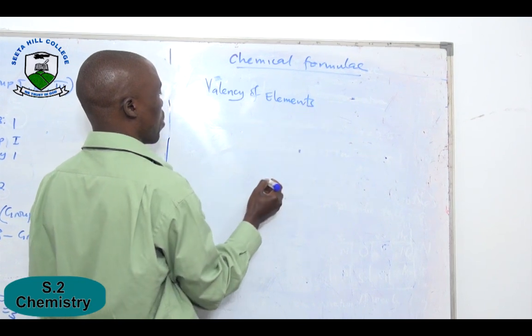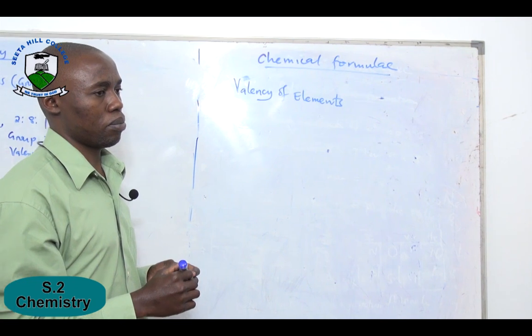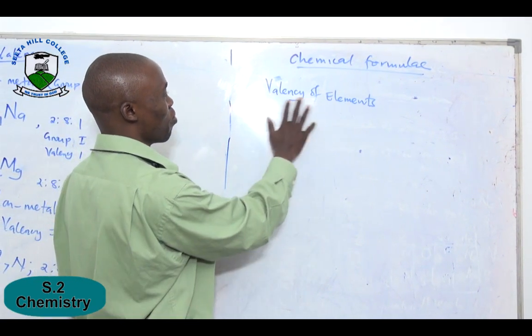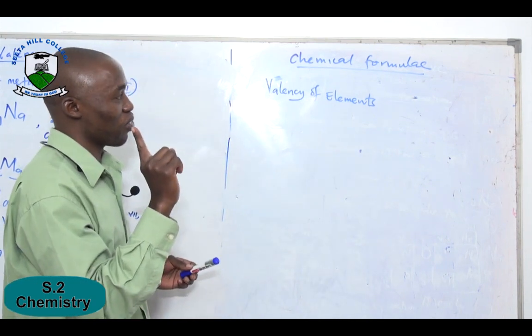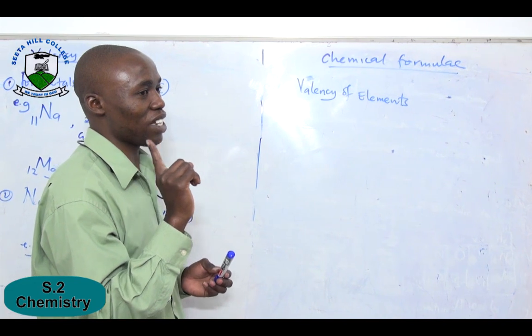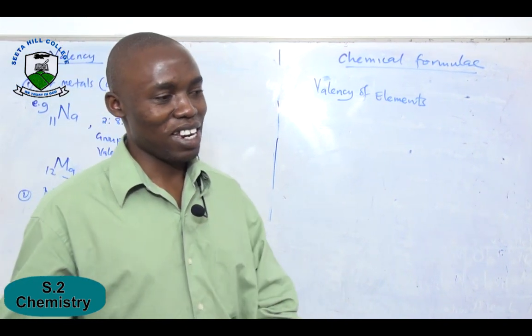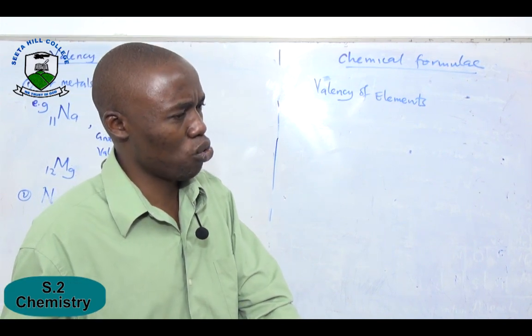Then valences are categorized as valence of elements. Now we are seeing valence of elements. Then we have something here. We are going to introduce another language called radical. Now we saw an ion is any charged atom.